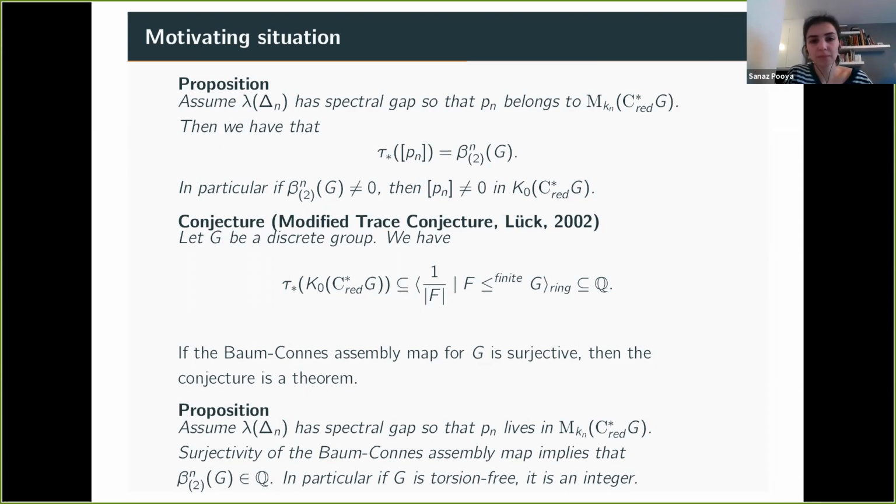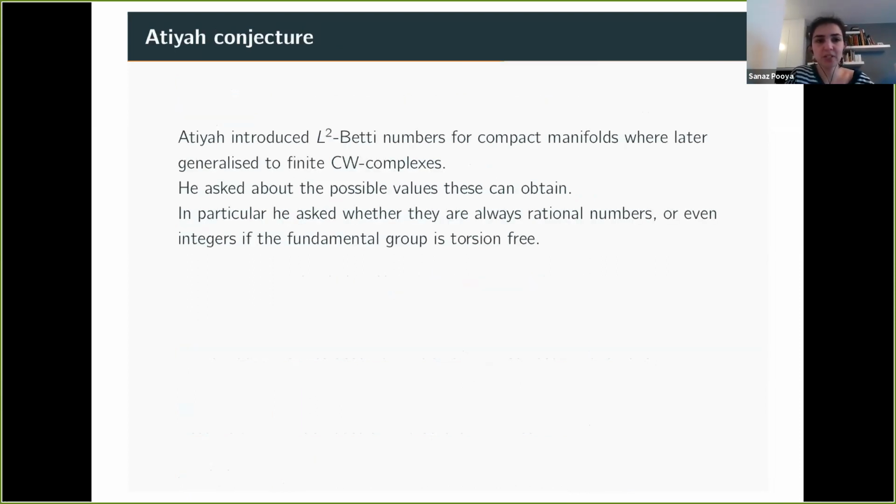All right, now let's move on to the other picture, namely the Atiyah conjecture. So first, maybe a little bit of history. When Atiyah introduced L²-Betti numbers for compact manifolds, he asked what kind of numbers this value can attain.